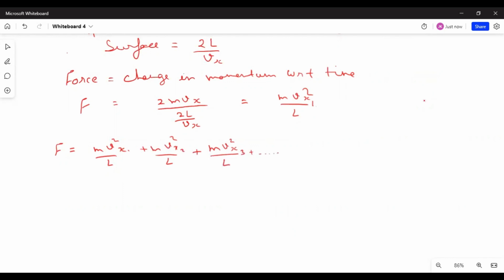So this can be written as the summation of mvxi square upon L, where i equals 1 to n.